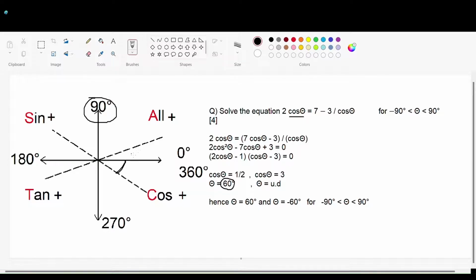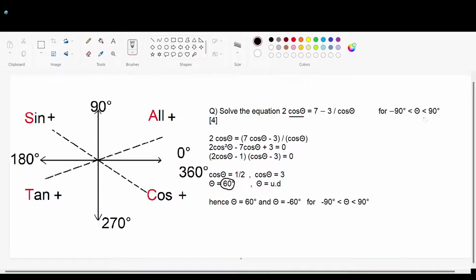So this angle 60 degrees and minus 60 degrees, because there are two ranges. So this would be your final answer. Theta is equal to 60 degrees and theta is equal to minus 60 degrees.